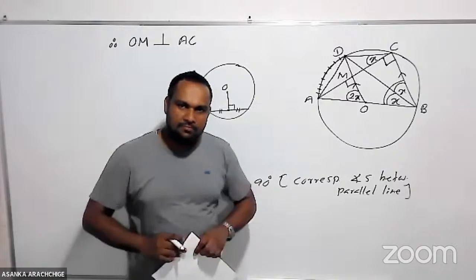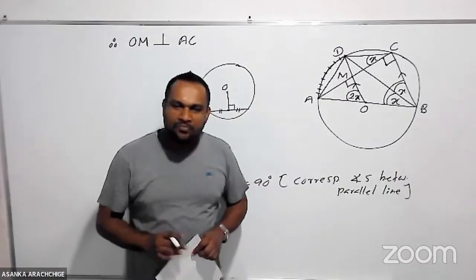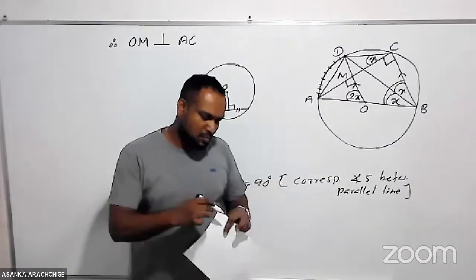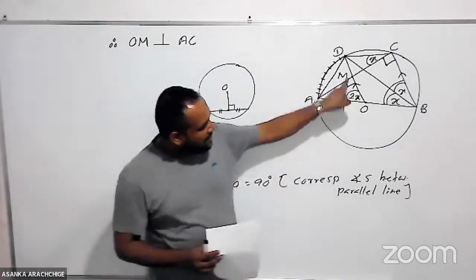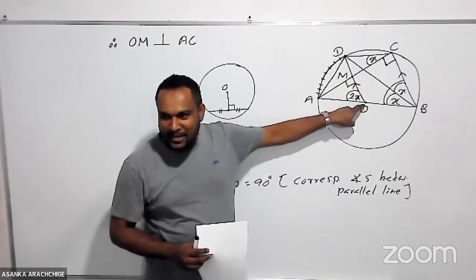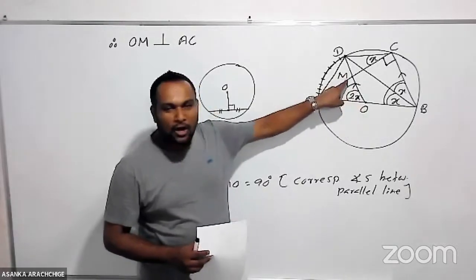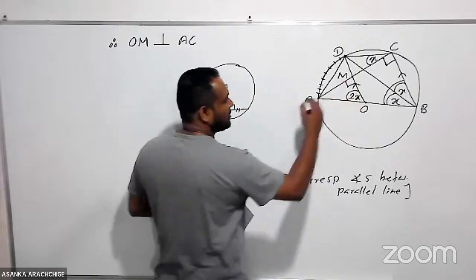If this is the center of the circle, this is a chord, and this is the midpoint of that chord, the straight line joining the center to the midpoint is perpendicular to the chord. Can you remember that theorem? What is its converse? The perpendicular drawn from the center of a circle to a chord bisects the chord.